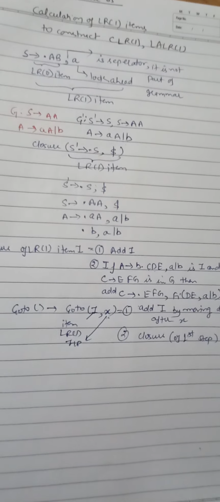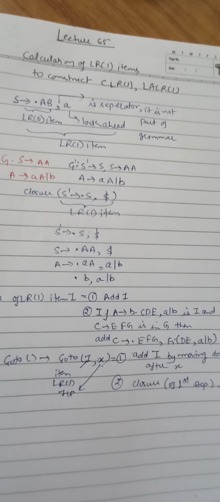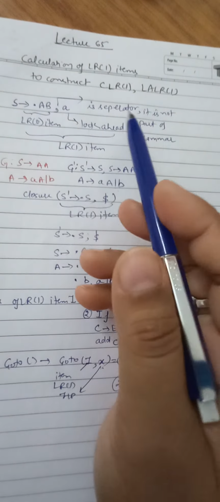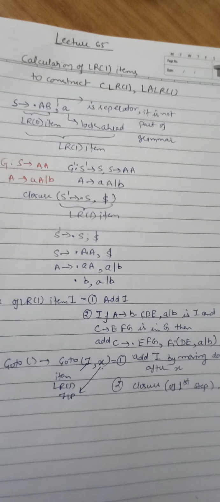This is the definition of calculating the closure and goto function in LR1 items to construct CLR1 and LALR1 parsers. In the next lecture we will see this with an example.